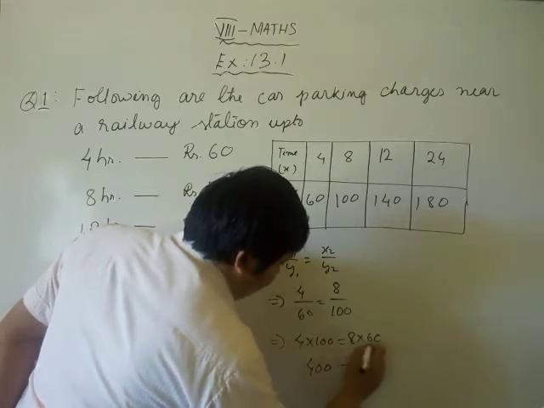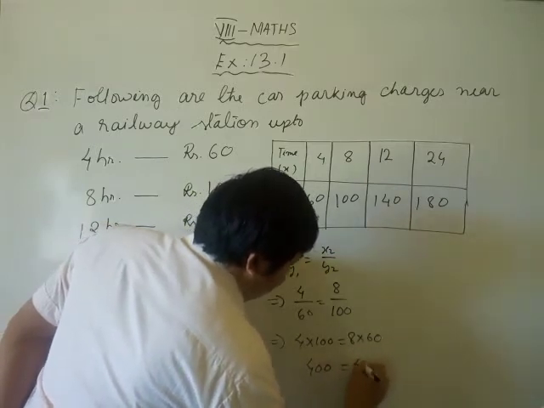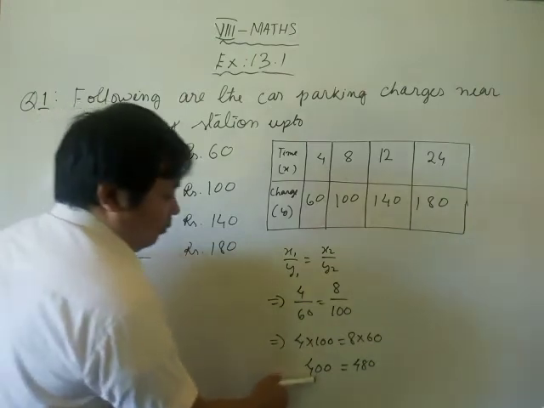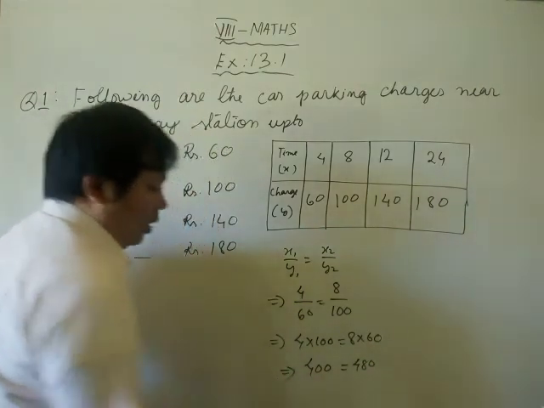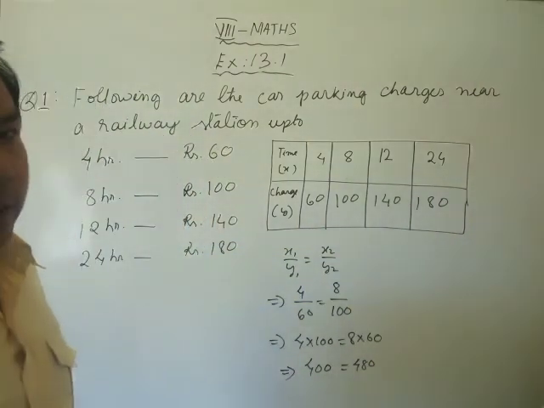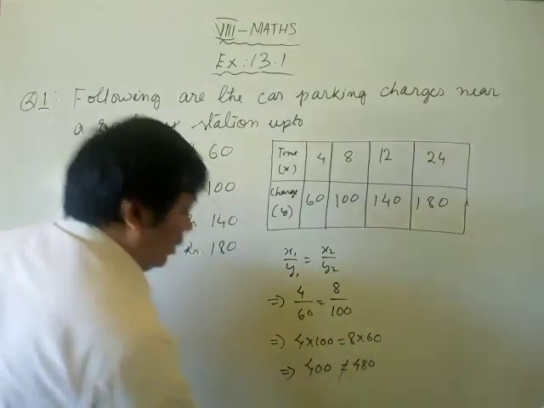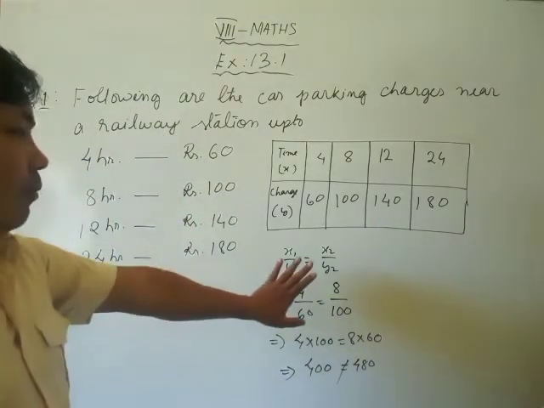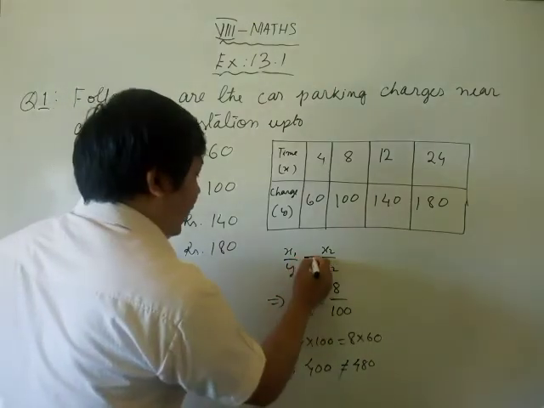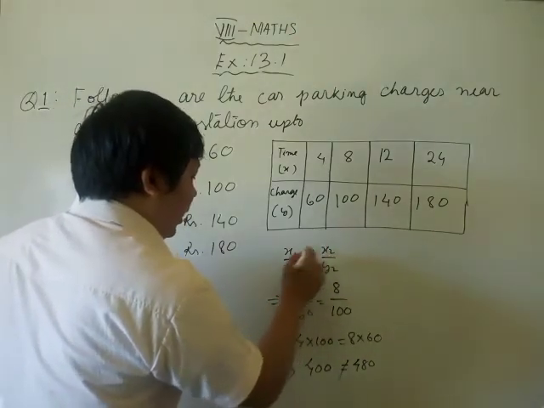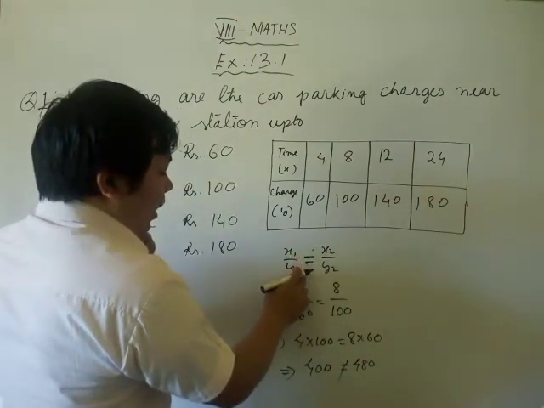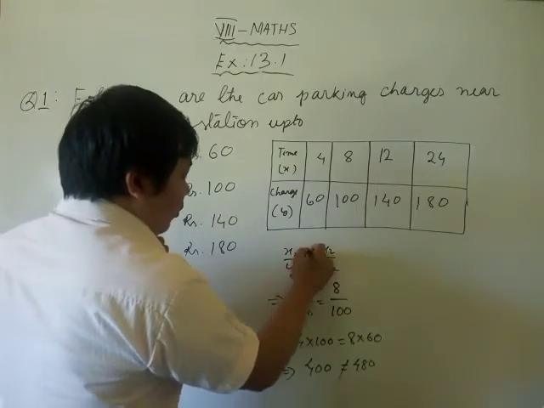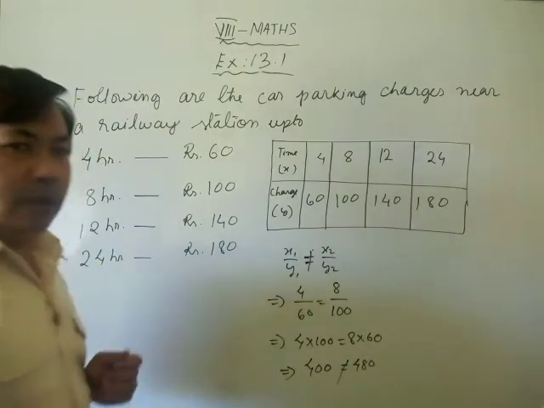Equal to 8 into 60 is how much? 8 6s are 48, so 480. This 400 and 480 are not equal. That means these two are not proportional. x1 by y1 is not proportional to x2 by y2.